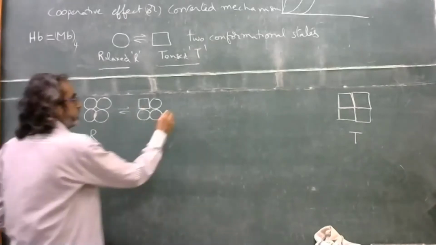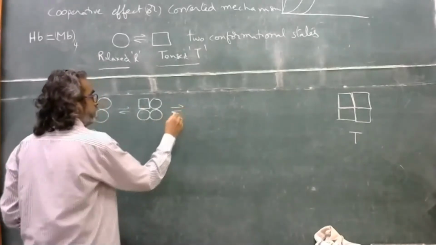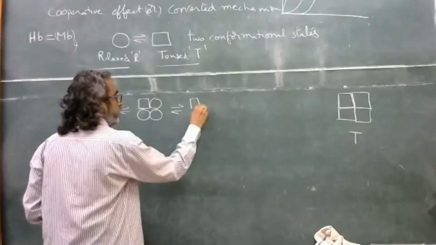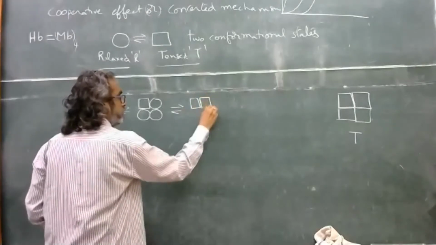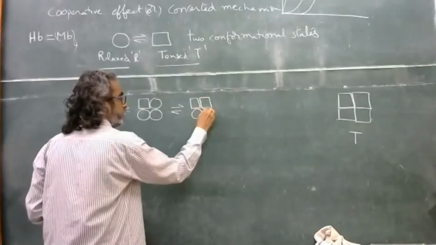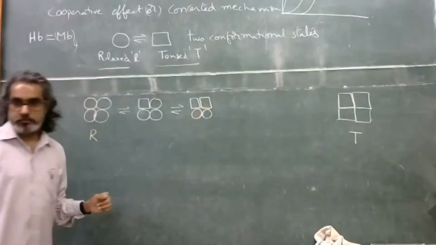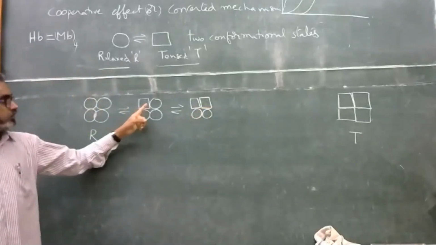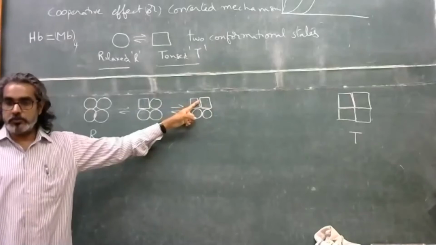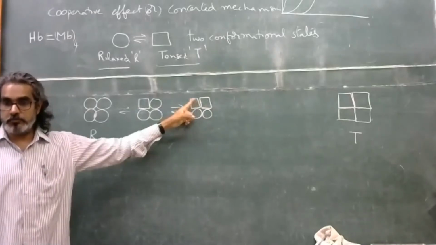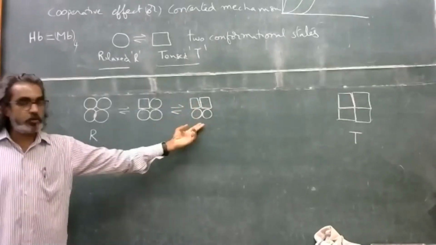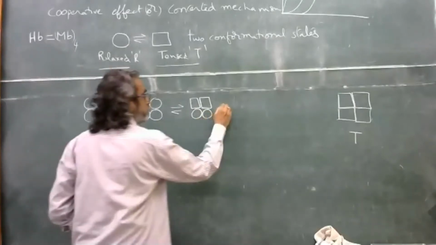So now this can be in equilibrium with another unit also turned into tense, where the second unit turned to tensed from relaxed, and the other two are relaxed, and so on and so forth.